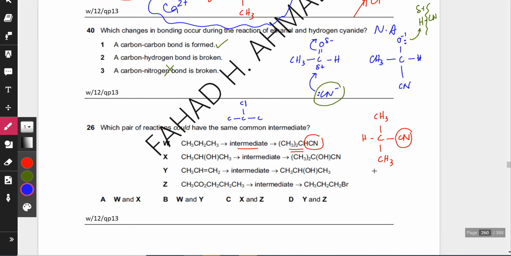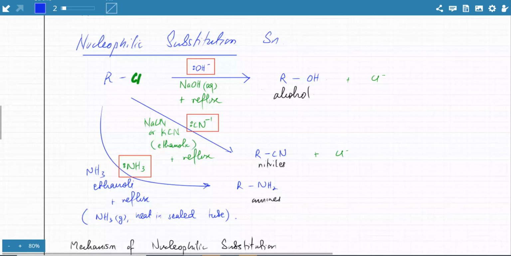Yes, sir. So the only reaction I have left is, there's just two reactions that you studied which introduce a CN in the chain. So the reaction would be a halogenoalkane getting converted into a CN. The Cl gets substituted by CN. This is nucleophilic substitution of halogenoalkanes.